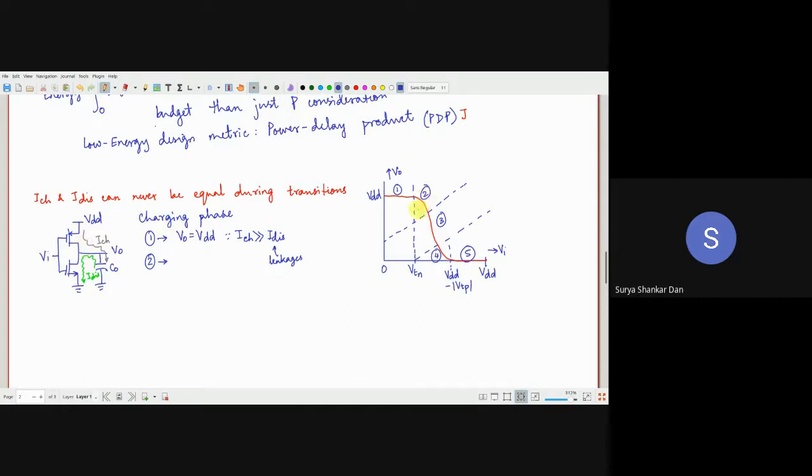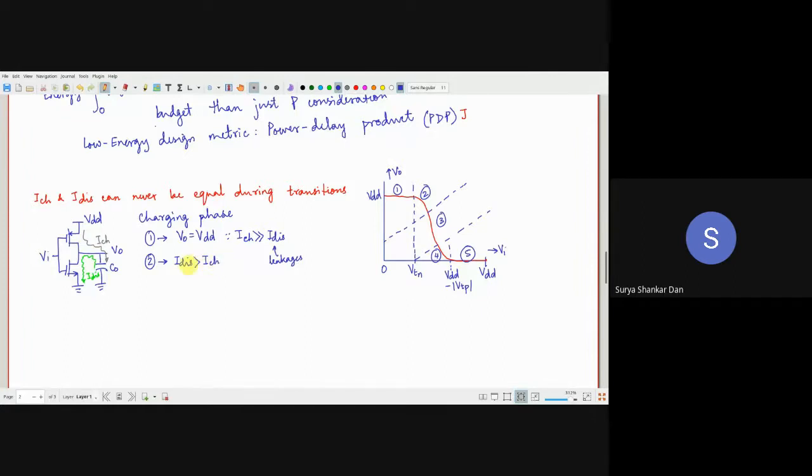So in region 2, your MP, the PMOSFET, is in linear region of operation, whereas your NMOSFET happens to be in saturation now. So it is going to draw more current than the I charging. So in region 2, suddenly we will notice that the I discharge is going to exceed the I charge current.